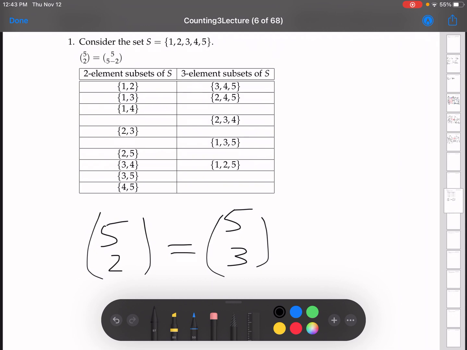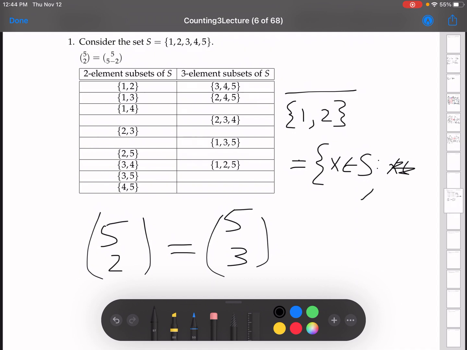All right, so notice that 1, 2 is mapped over to 3, 4, 5, and then 1, 3 is mapped over to 2, 4, 5. And so notice that everything's getting mapped to its complement in S. So remember that the complement of the set 1, 2 is the set of all x in S such that x is not in 1, 2.